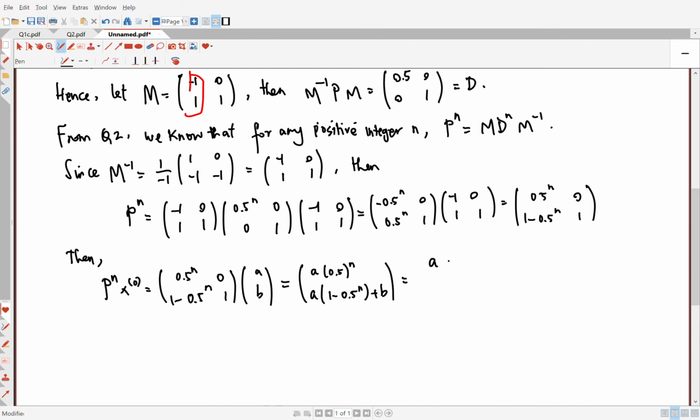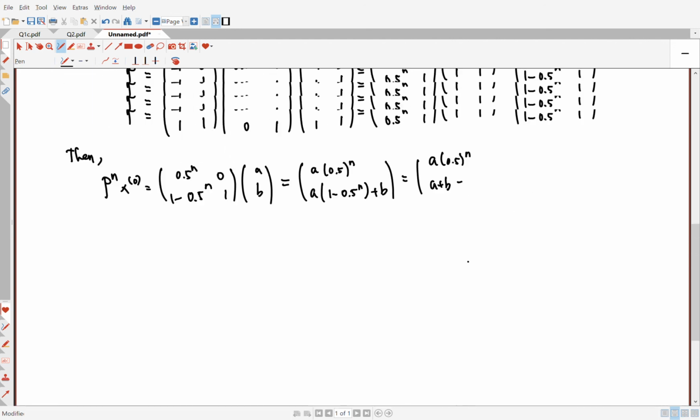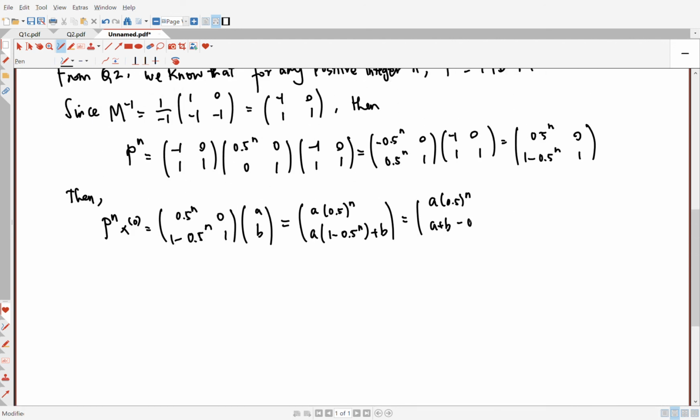Right, so I will have a times 0.5 to the power of n, and here is a plus b minus a times 0.5 to the power of n. Good.